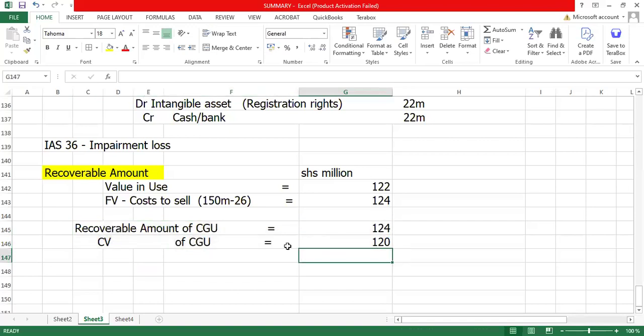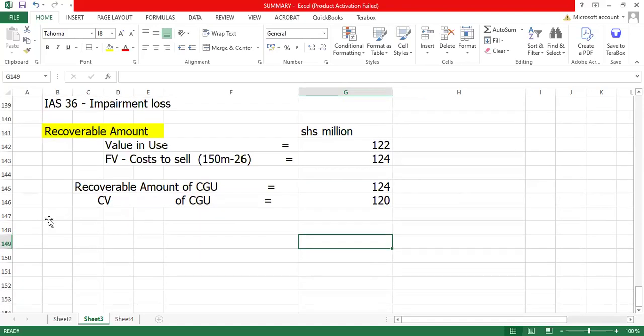It's not, because you can recover 124, which is higher than the carrying value.